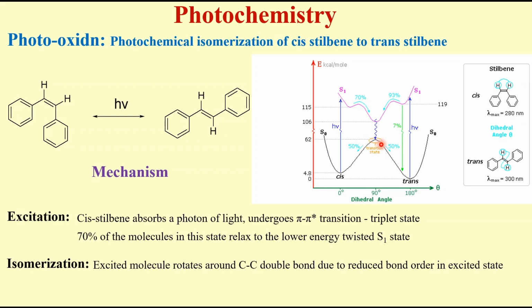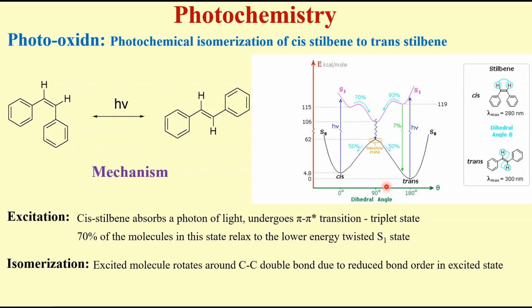As the bond order has got reduced, there is free rotation. The carbon-carbon bond rotation occurs and the cis gets converted into trans. And when it comes down to the lower energy level, 50% goes to the trans form and 50% comes back to the ground state of the cis form.